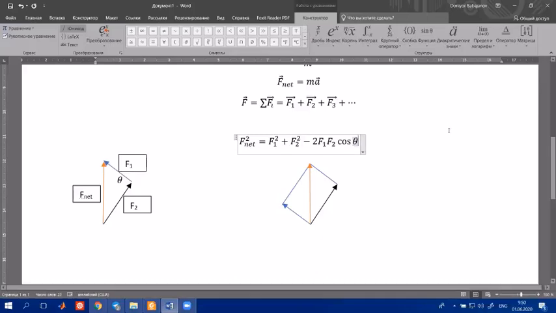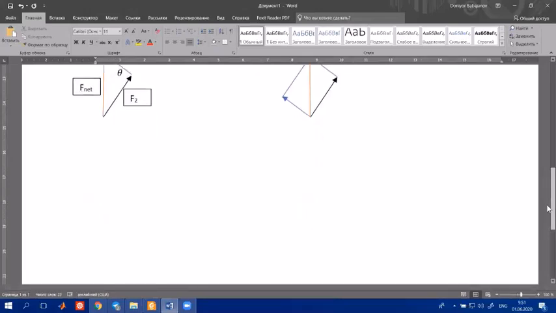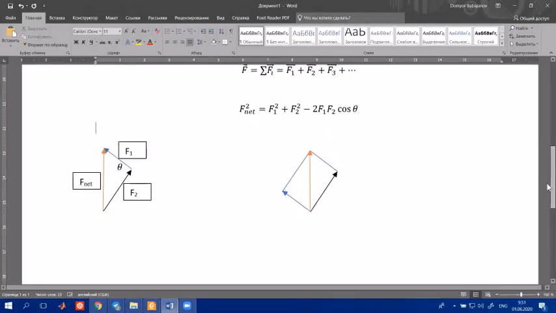This is the cosine theorem. And if you know F1, F2 and angle theta, you can calculate by using this formula the net force. This is one way. If we have two vectors, this way is very simple. If you have more than two vectors, what then should you do?